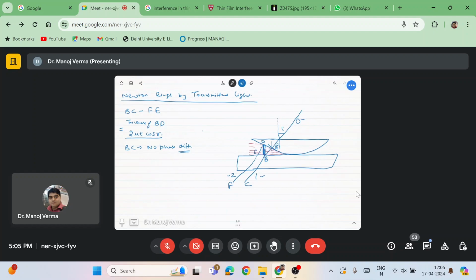So there will be 2 times lambda by 2 path difference in this ray EF. So EF में जो total path difference create होगा, that will be lambda by 2 plus lambda by 2. This lambda by 2 is because of point B, this lambda by 2 is because of point D. So because it is suffering 2 reflections from rarer to denser interface, the total path difference will be equal to lambda.